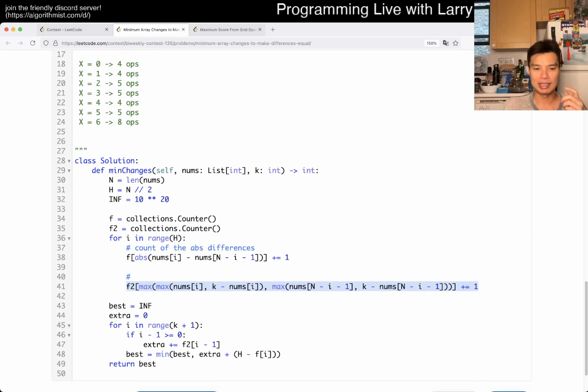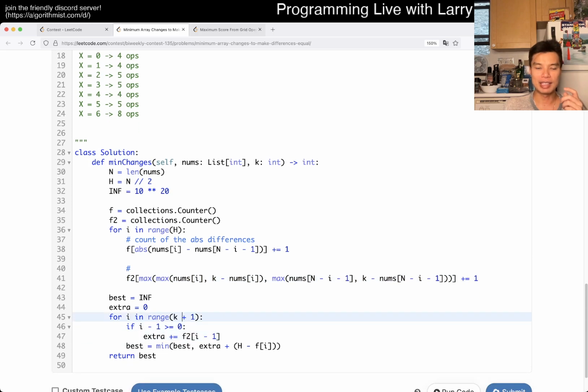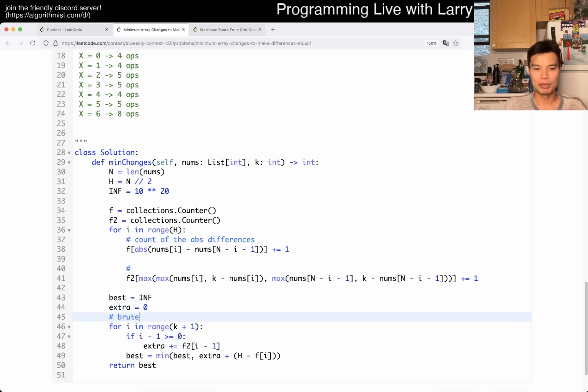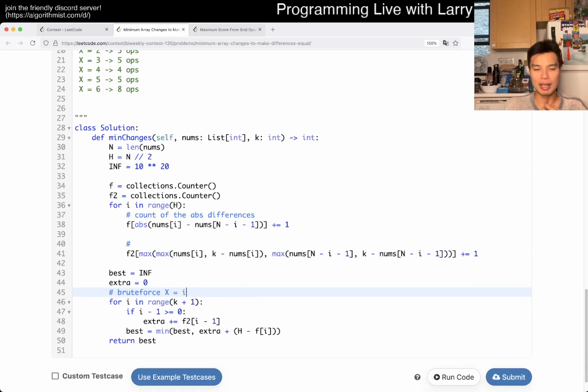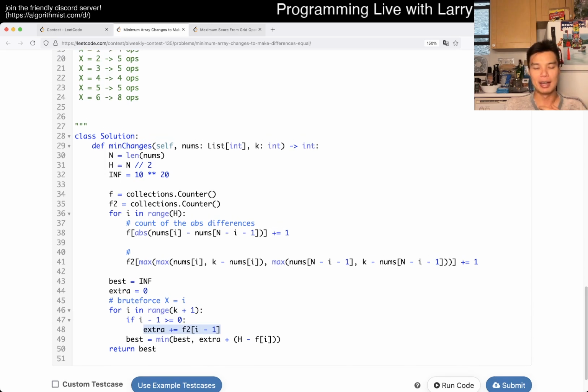This is why I have this thing here. So here we brute force x is equal to i, up to k, and we just keep track of the extra operations that we have to do in a prefix sum kind of way, and it increments every time that x hits that critical spot.